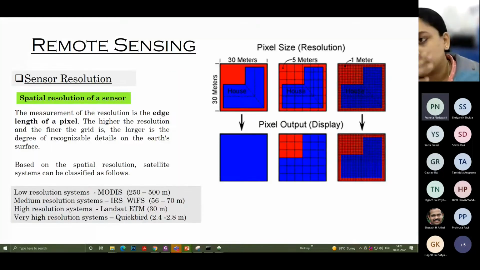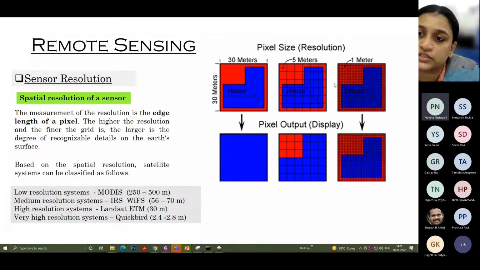So okay, next I move to sensor resolution. Now we have understood that sensors are mounted on different platforms. So we talk about the satellite sensor resolution. The first kind of resolution is the spatial resolution of a sensor. Spatial resolution is the edge length of a pixel, or the pixel size, or the amount of data every pixel captures.